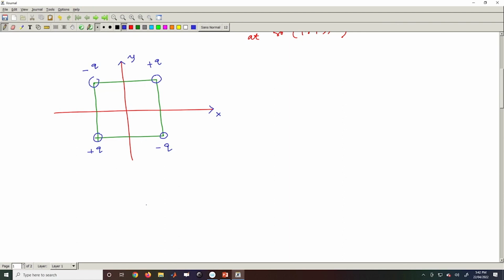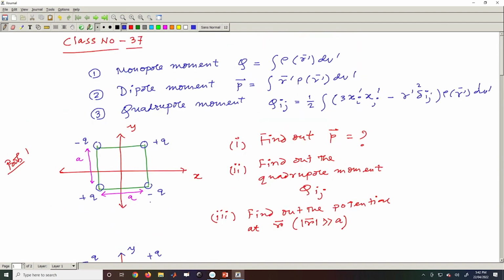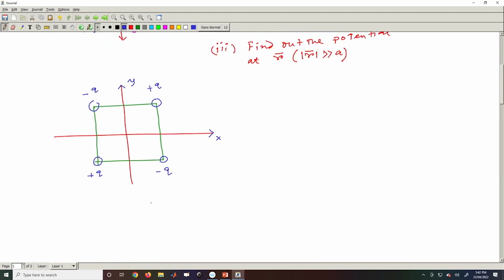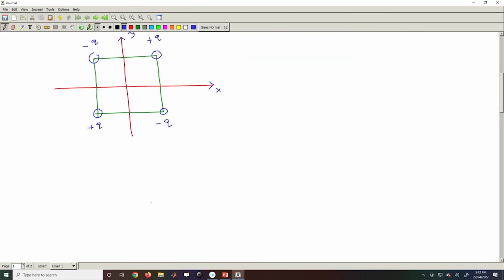In order to calculate the dipole moment or the quadrupole moment, I need to know the position vector for all these point charges. So, from here to here, this is the position vector for the charge plus q, and let us say this position vector is chi 1.